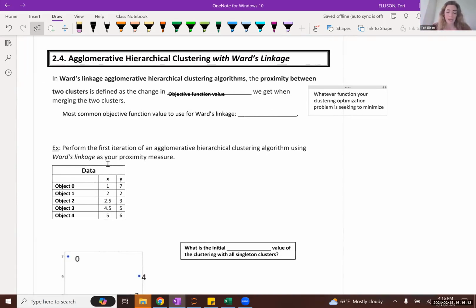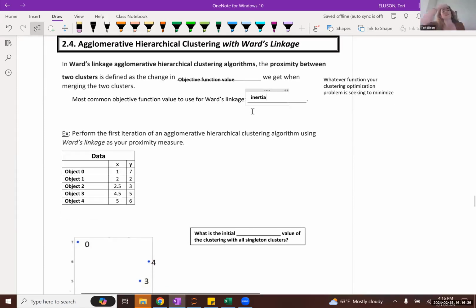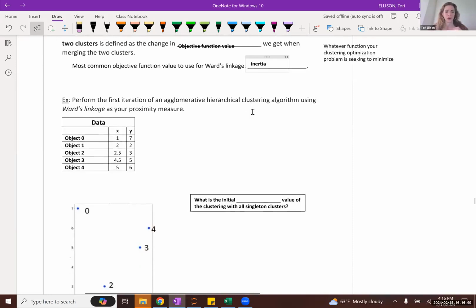When we talked about k-medoids, the objective function we were trying to ultimately minimize was the distance of all points to their closest medoid. So naturally, the most common objective function that we use to define Ward's linkage is that k-means based inertia objective function. Generally speaking, unless somebody specifies otherwise, we think of Ward's linkage as the change in inertia that we would see if we were to merge the two clusters in question.